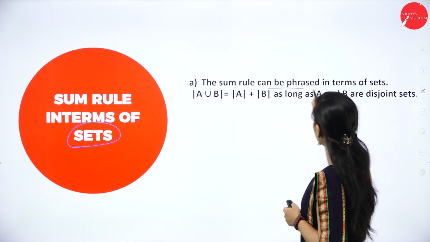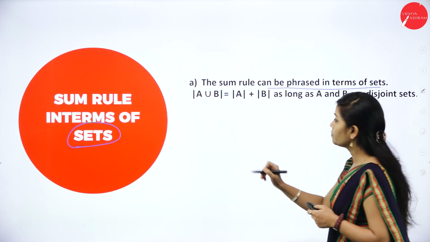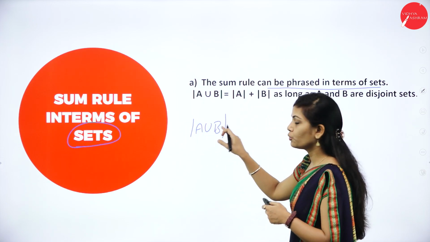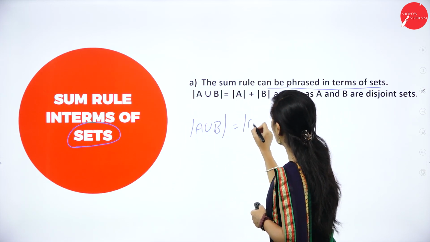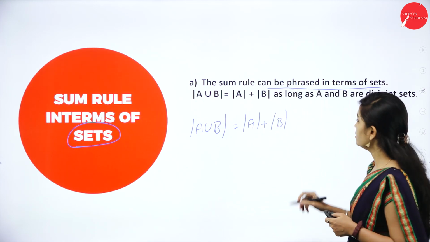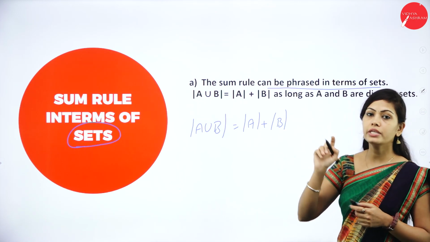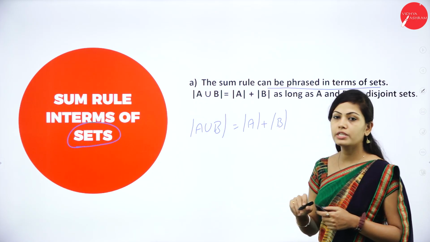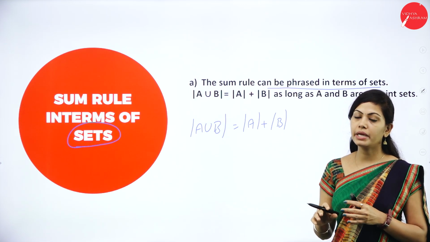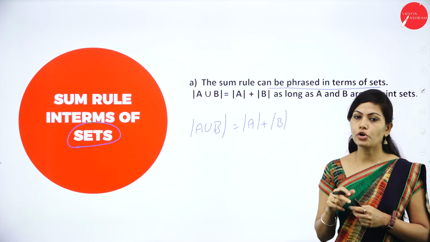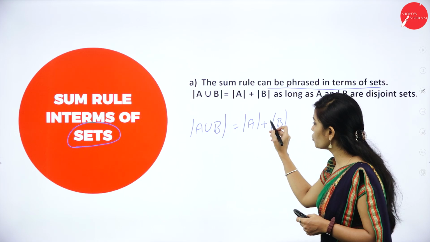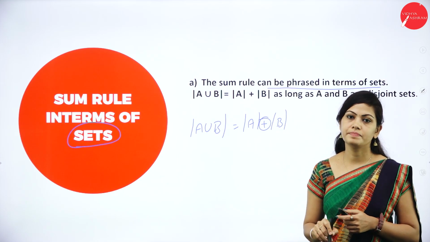The sum rule can be phrased in terms of sets as: mod A union B is equal to mod A plus mod B. Here A and B are disjoint sets. Why are they disjoint sets? Disjoint sets means there is no common element in the sets. This is called the sum rule in terms of sets.